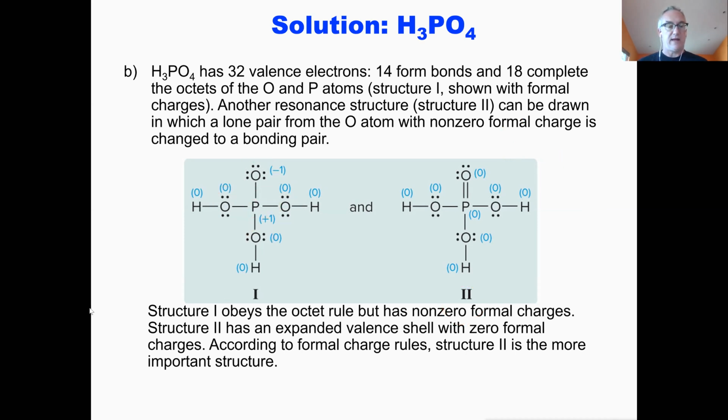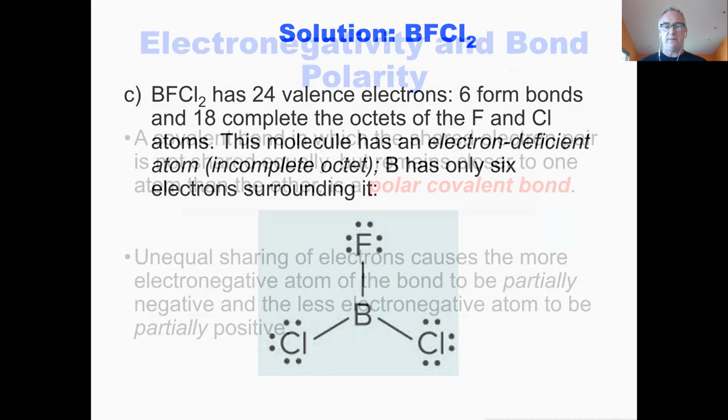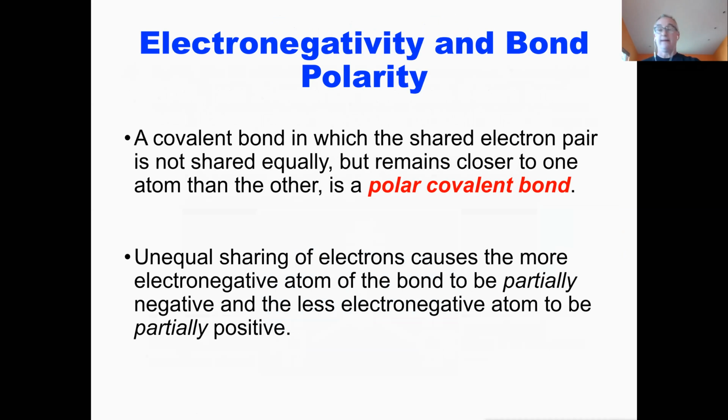That's enough babbling. So I'm going to skip this one and keep going because I want to get to polarity. That's basically what we're really getting down to. So hopefully everyone has seen the table with electronegativity that I posted.